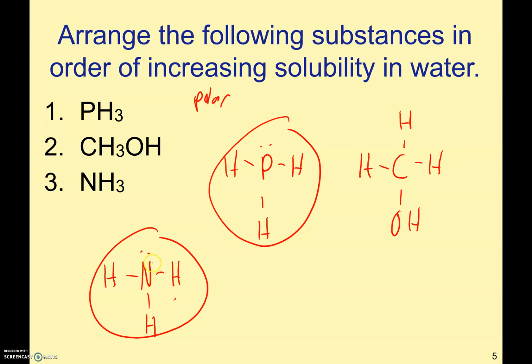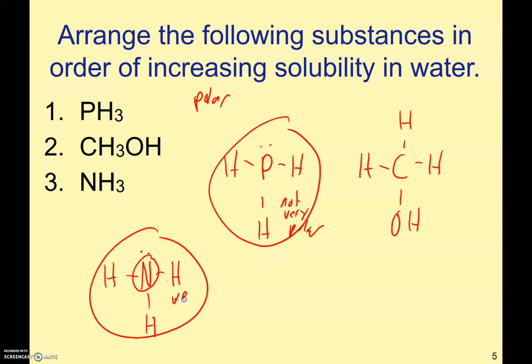Remember, N is one of the very electronegative elements. And the electronegativity difference between P and H, even though this is non-symmetrical and polar, is not that polar. This one is not very polar at all, because the electronegativity values of P and H are actually pretty close.